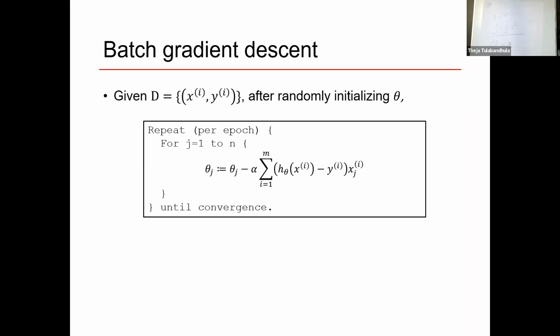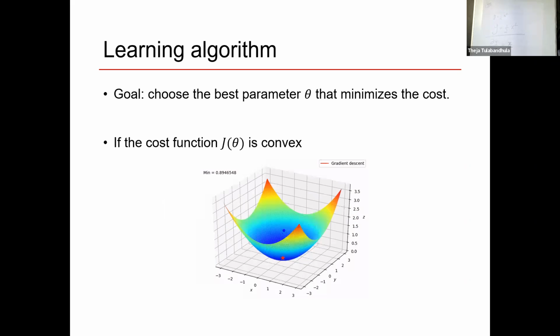Intuition-wise, if alpha is large, then you're going to get away from the ball. Instead of going down, your gradient step may make you jump up to this point, and then again jump up to that point, so you may actually jump out of the ball. But if you take alpha to be really small, then you will be moving slowly.